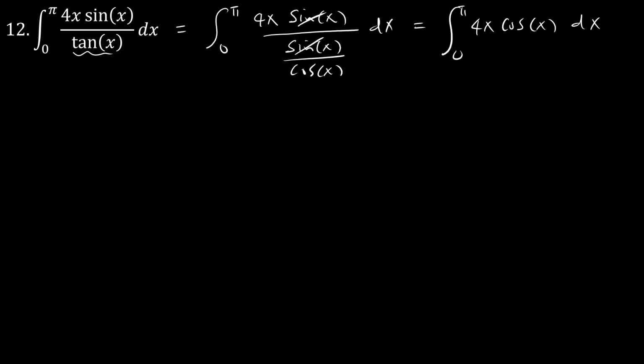Now, this can also be written as 0 to pi, let me pull the 4 out, x times the derivative of sine of x. So cosine of x is the same as the derivative of sine of x.